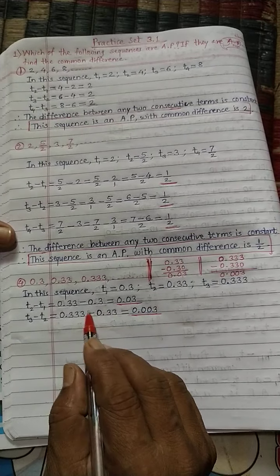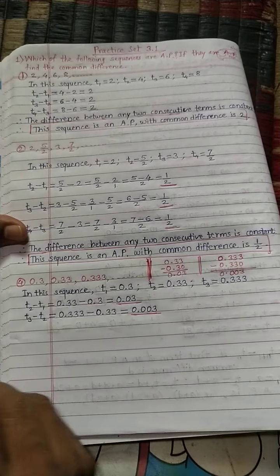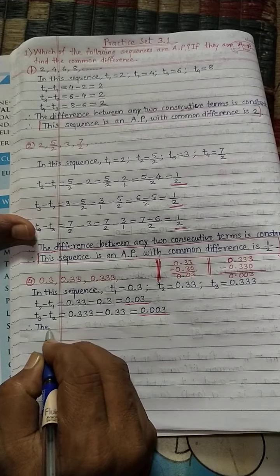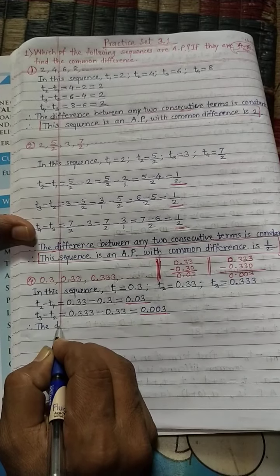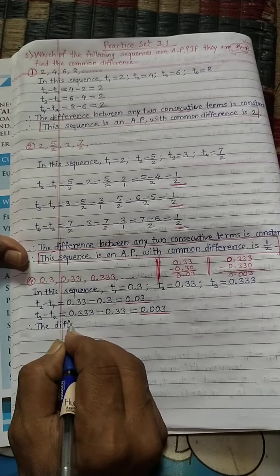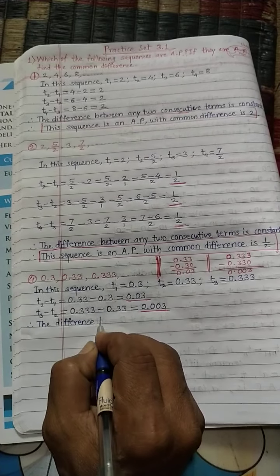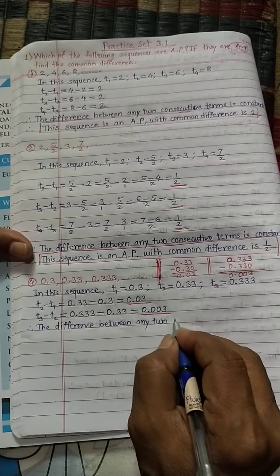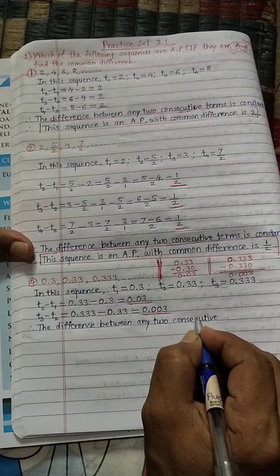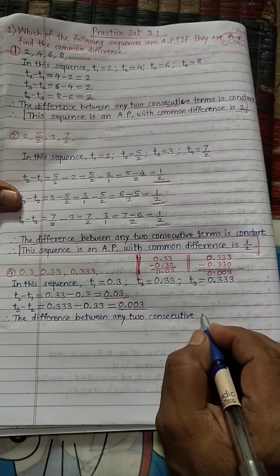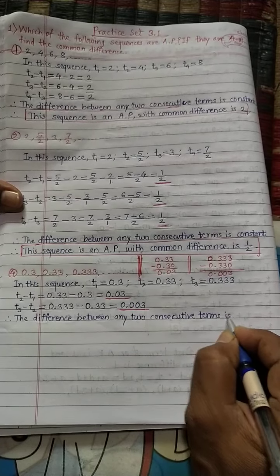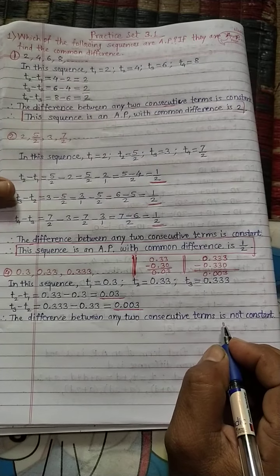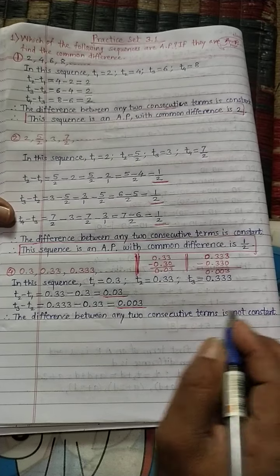So the difference between any two consecutive terms is not constant here.